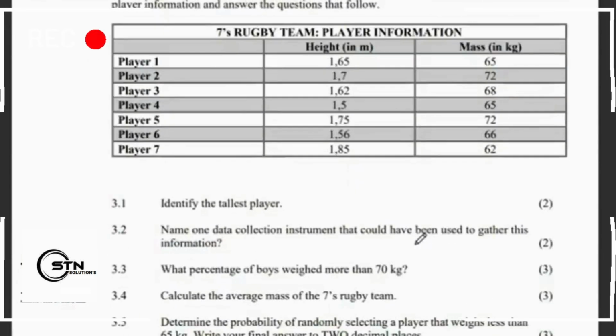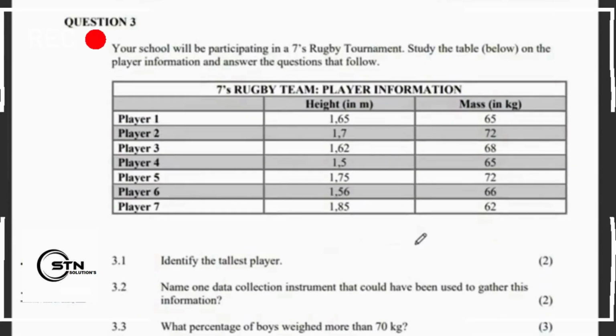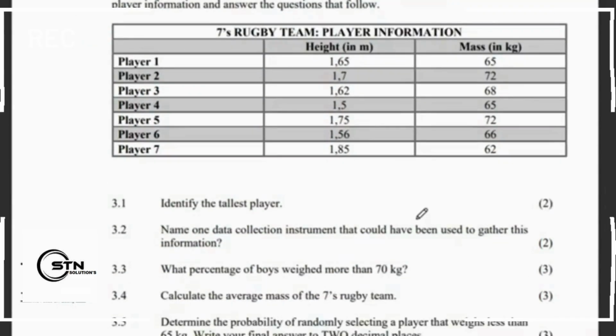Question number 3. Your school will be participating in a sevens rugby tournament. Study the table below on the players' info and answer the questions that follow. Identify the tallest player. So players are 1, 2, 3. So the tallest player is this one. It's determined by the height.